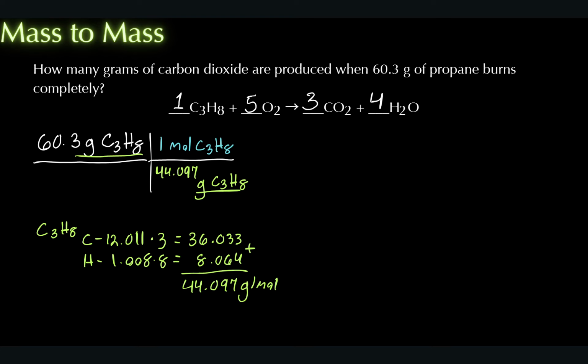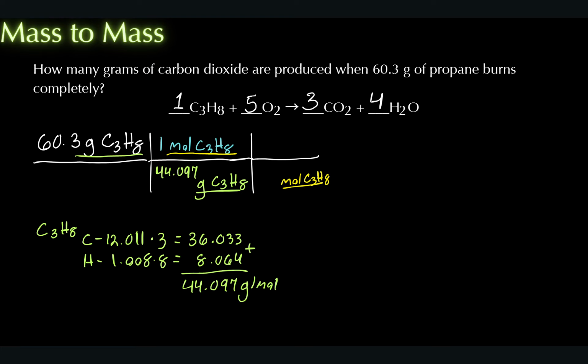Still not quite to the grams of our carbon dioxide, so we're going to expand. All right, our next one, we have the mole of our C3H8 on top, which means on the diagonal will need to be the mole of our C3H8.